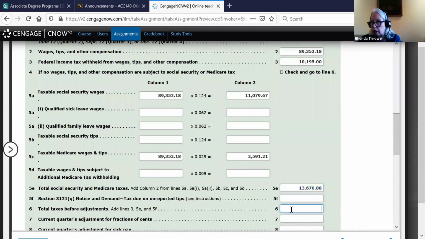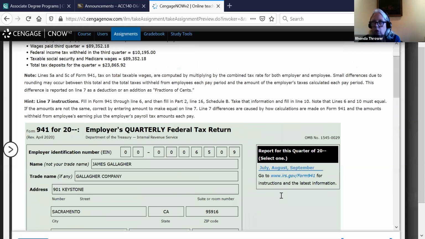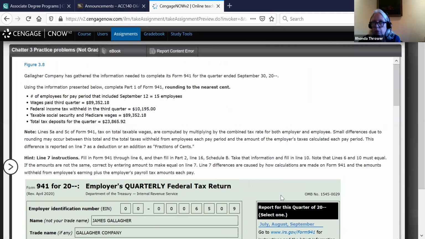So the total taxes on line 6 is $23,865.88. Now remember, in your instructions, they told you to complete just Part 1, and we're going to fill in Form 941 through line 6. That's what we just did.